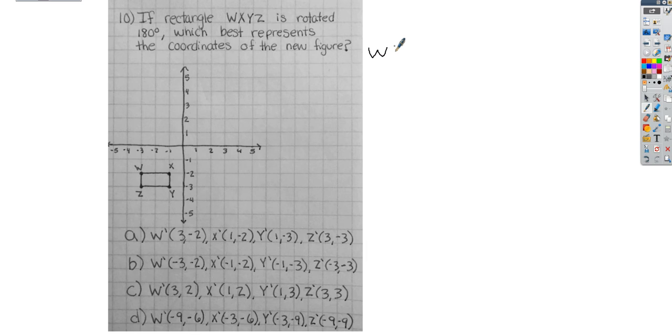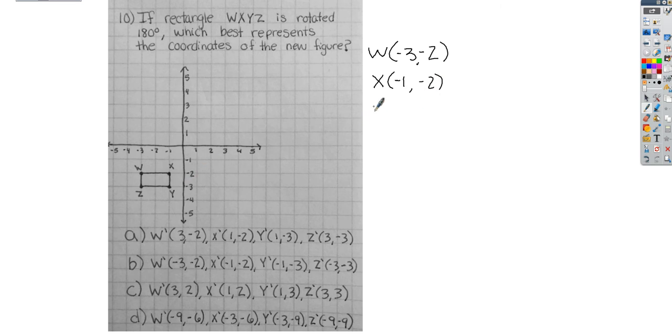So W, its ordered pair is, we're going to start at the origin, we're going to go over 1, 2, 3, so our X value is -3, and we're going to go down 1, 2, so our Y value is -2. Then let's do X. We have to go over 1, so our X value is -1, and our Y value will be 1, 2, so -2.